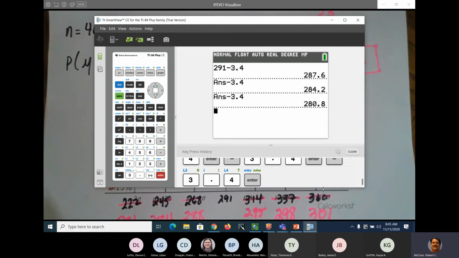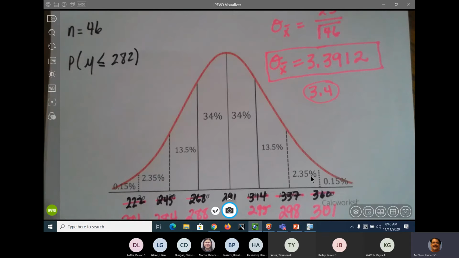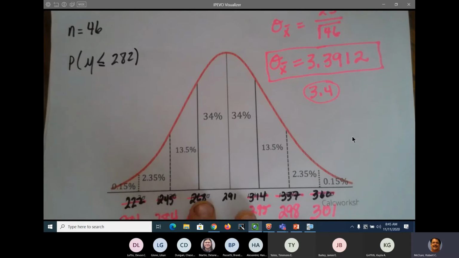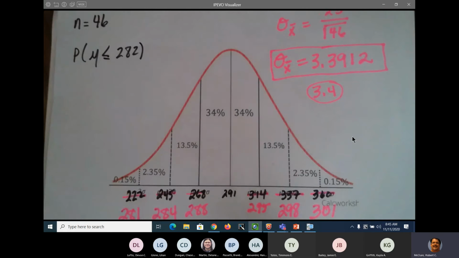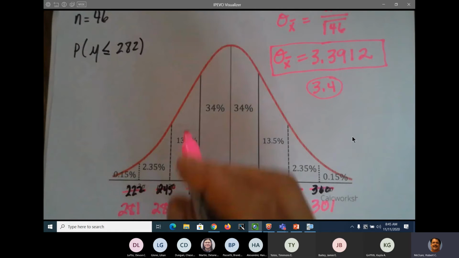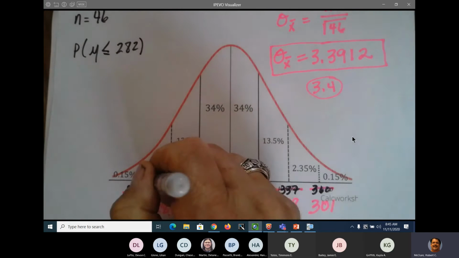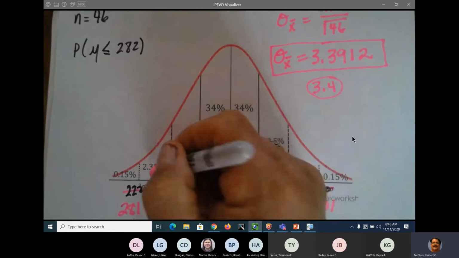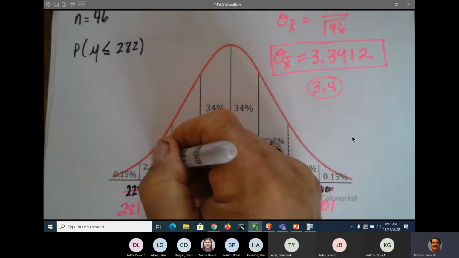Now I have a new graph, and now I'm going to graph less than 282. Well, 281, 284, that's 3. Half of 3 is 1.5. So 282.5 is right there. So I'm going to draw a line right about there.